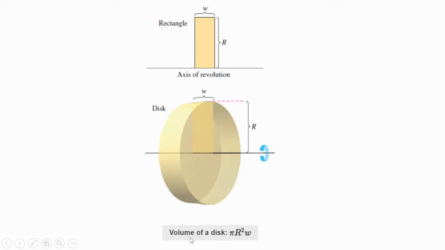So you see, we're going to say the volume of this disk is going to be pi capital R squared times W. Now, everybody please understand that this is a volume because R might come in meters. So R squared is meters squared, and W could be also in meters, so we get meters cubed. So that's kind of the physics of what's happening here.